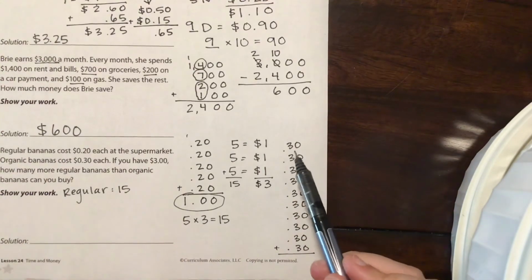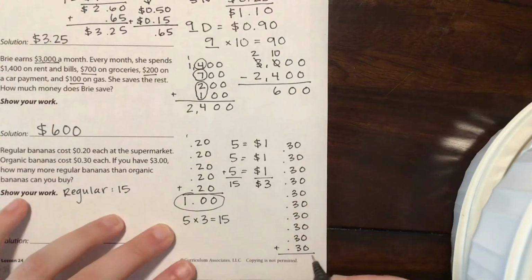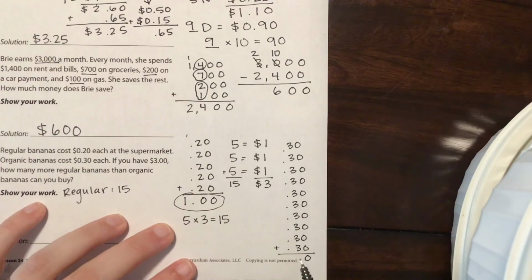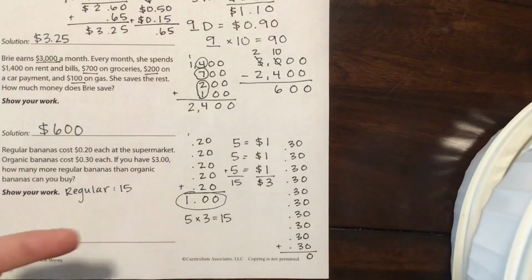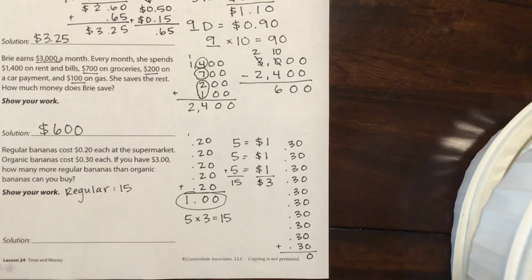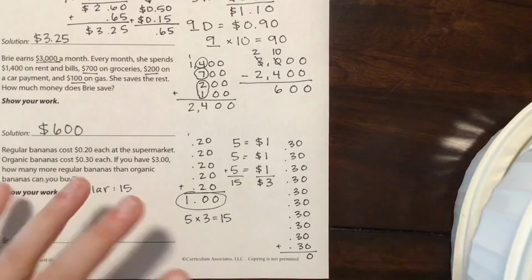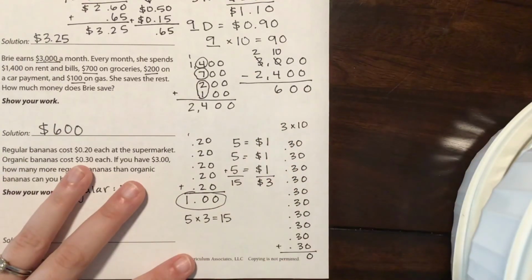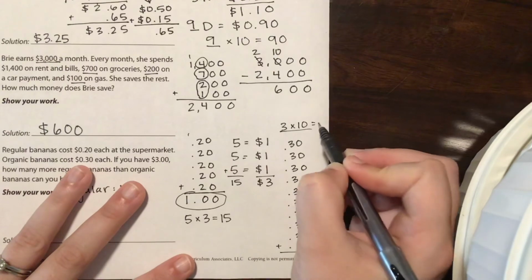If we can do it this way, we know that this first column, the total would be 0, but now we've got 3, 3, and 3. So we've got the number 3 multiple times. 1, 2, 3, 4, 5, 6, 7, 8, 9, 10 times. So think about that. It's the number 3 10 times. That's the same as 3 times 10, which equals 30.